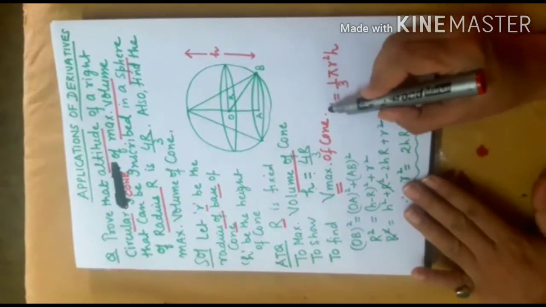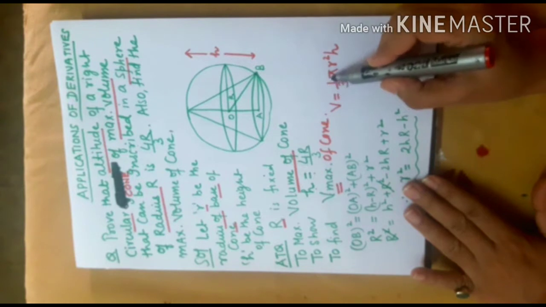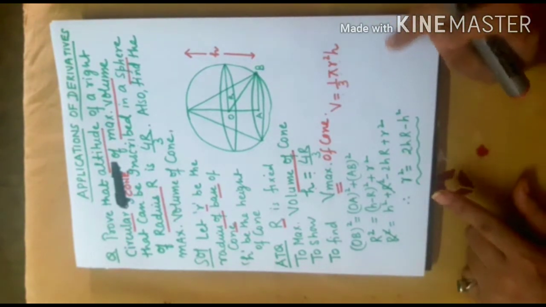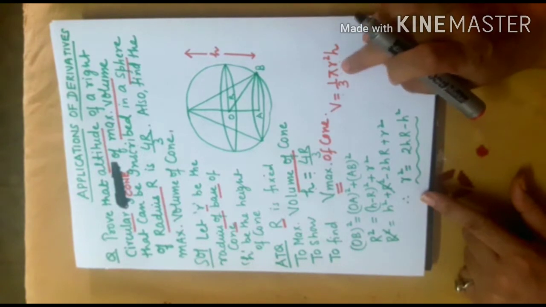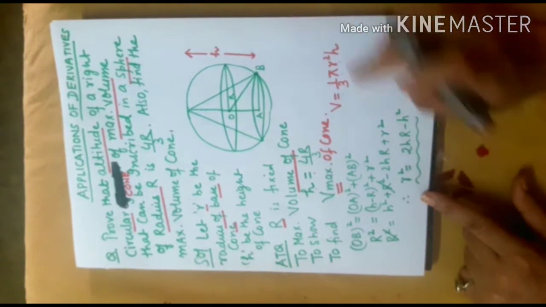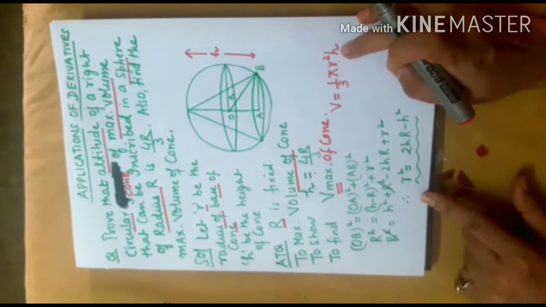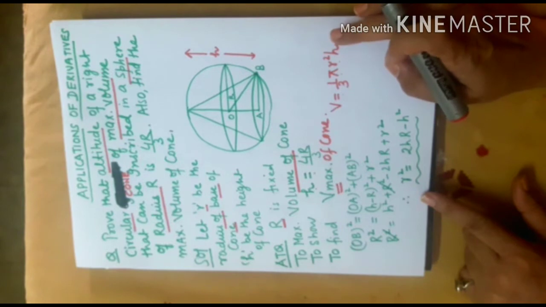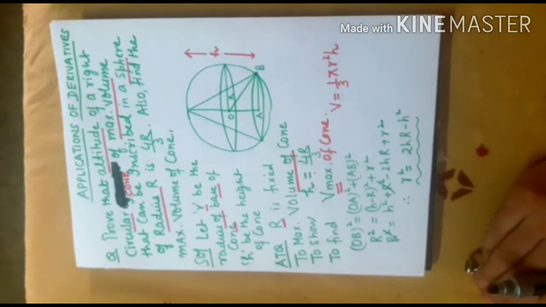Now we are to maximize V equals 1 by 3 pi r square h. Now you can see there are two variables, the small r and small h. So either I'll change r in terms of h or h in terms of r.